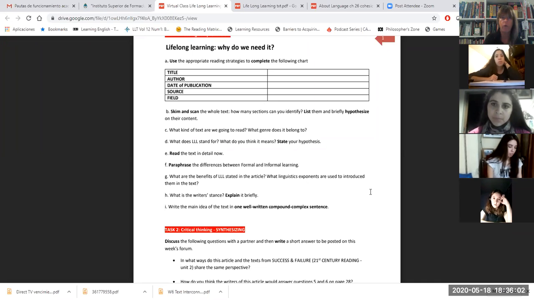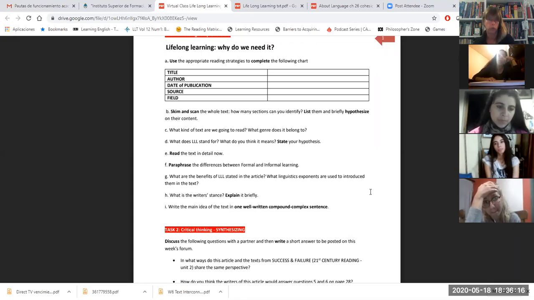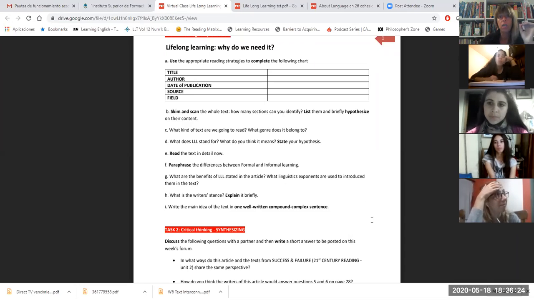As we said before, enumerators, connectors that are enumerators. Other linguistic exponents, as Maria found out, are, for example, "one of the benefits is as follows," or "the following benefits can be seen in." So all these phrases are linguistic exponents.